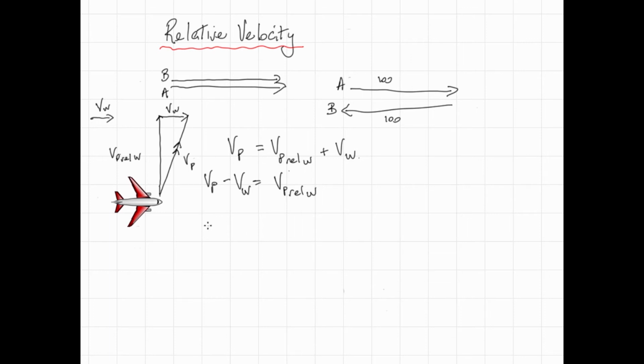As a more general rule, we can say the velocity of A relative to B is equal to the velocity of A minus the velocity of B. You can see that whatever letter goes first here goes first over there. Now, if velocities are vectors, we should be putting a little squiggle underneath all of those to show that they are vectors.